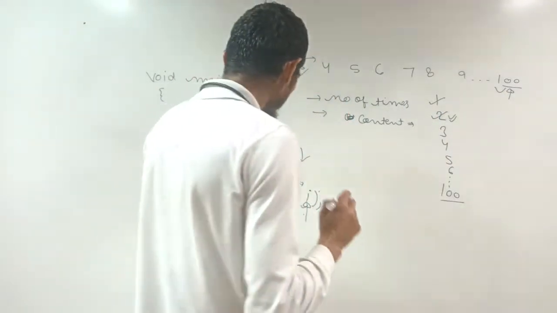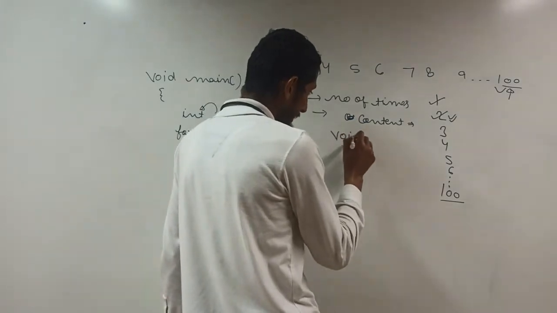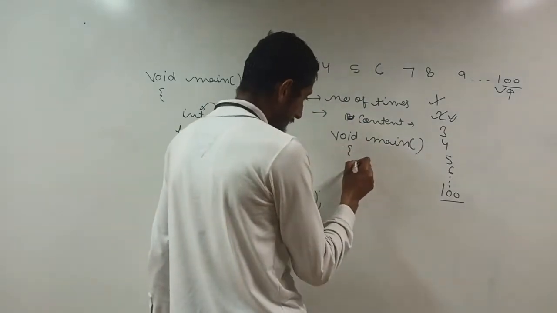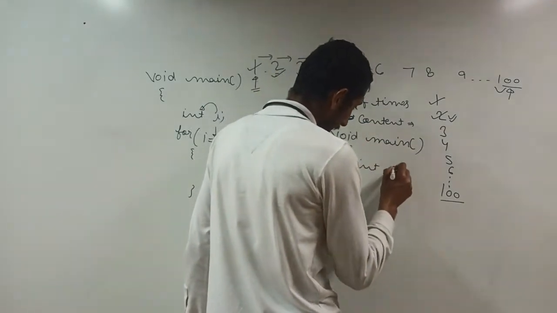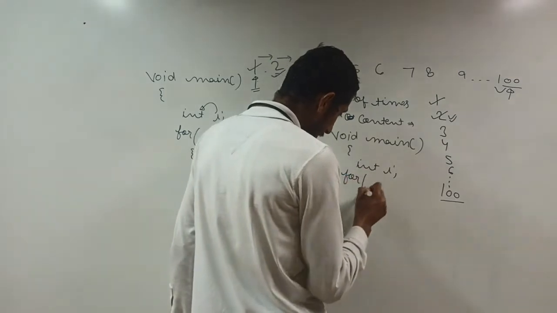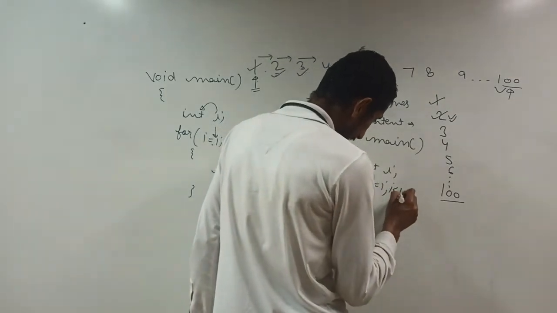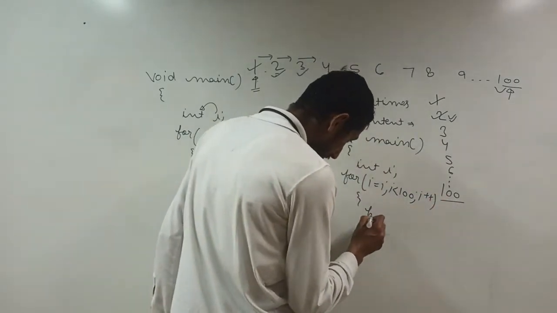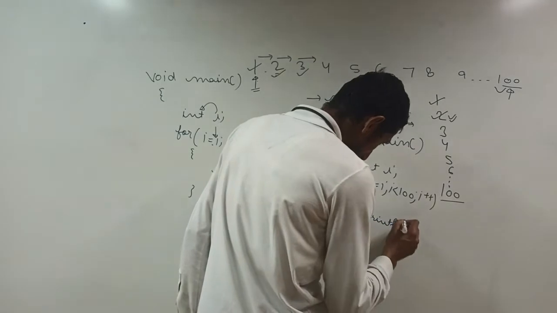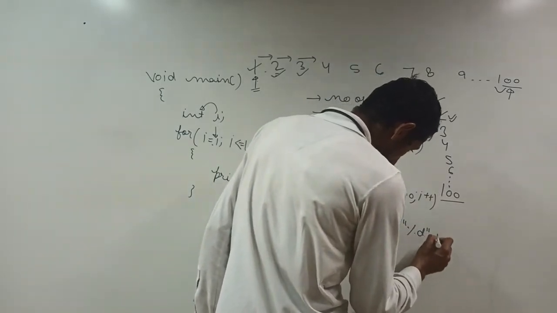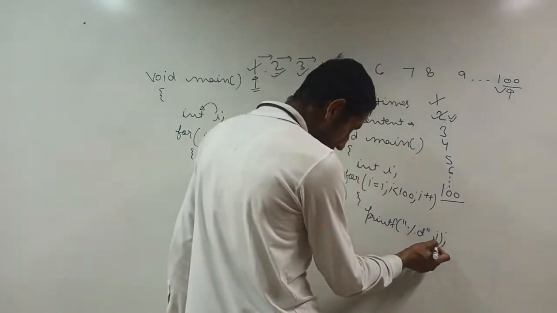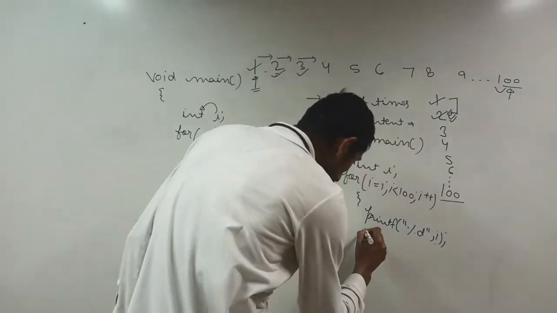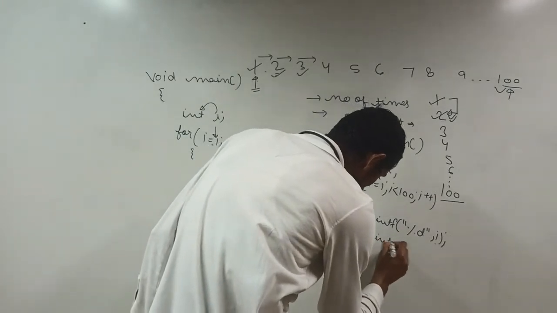So in the next line, you can write void main, int i, apply a loop from 1 to 100, and you can write printf with %d and i. But after printing i, you are going to instruct the compiler, please move the cursor to the next line. So what you have to do is just put slash n.